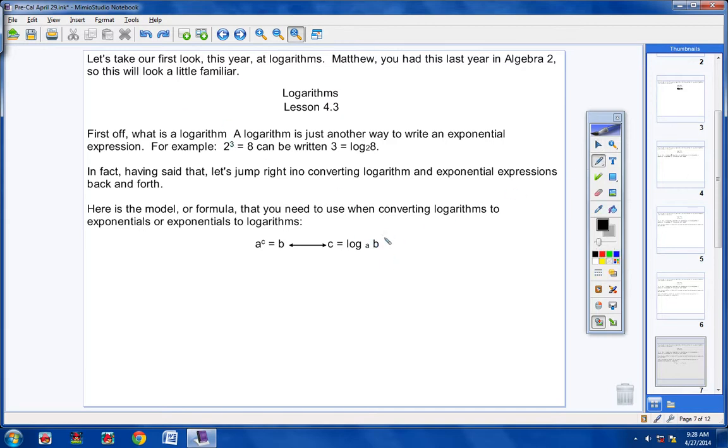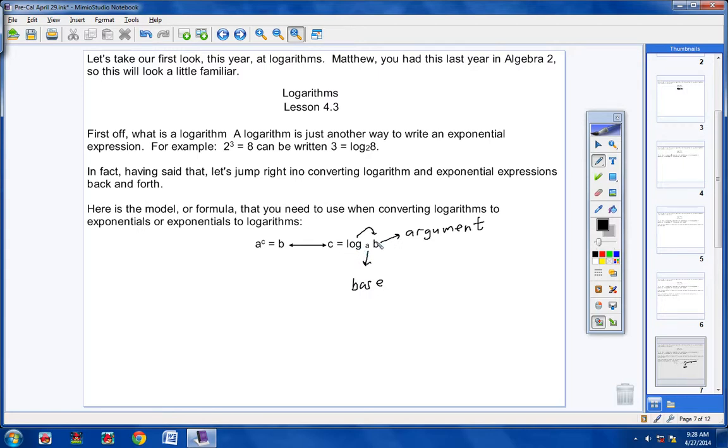Whatever you're taking the logarithm of, in this case we're taking the logarithm of b, b is called your argument, if you want to make note of that, okay? So whatever you're taking the logarithm of is called your argument, and obviously this little letter here is called your base. That's your base. And how would you read this whole expression? You would say the logarithm with base a of b. Let me say that again. The logarithm with base a of b.